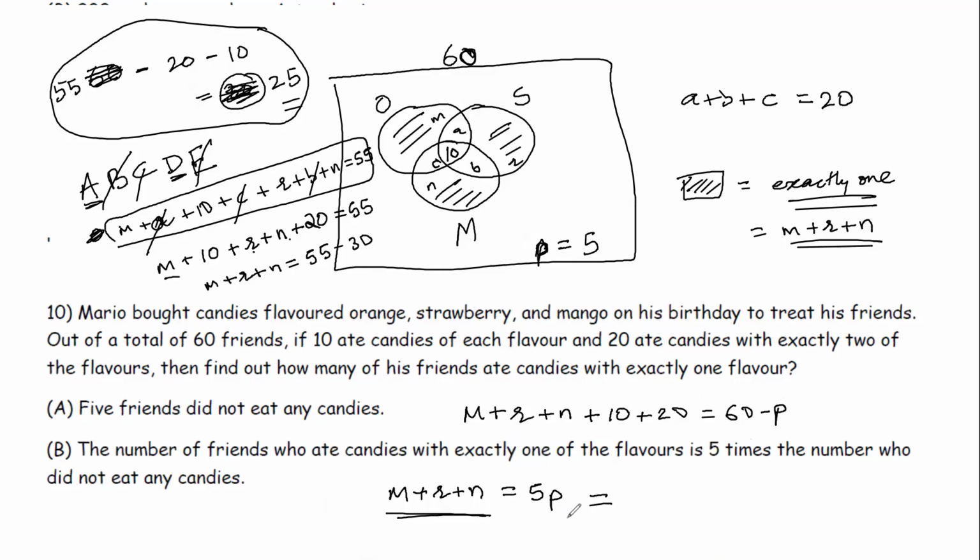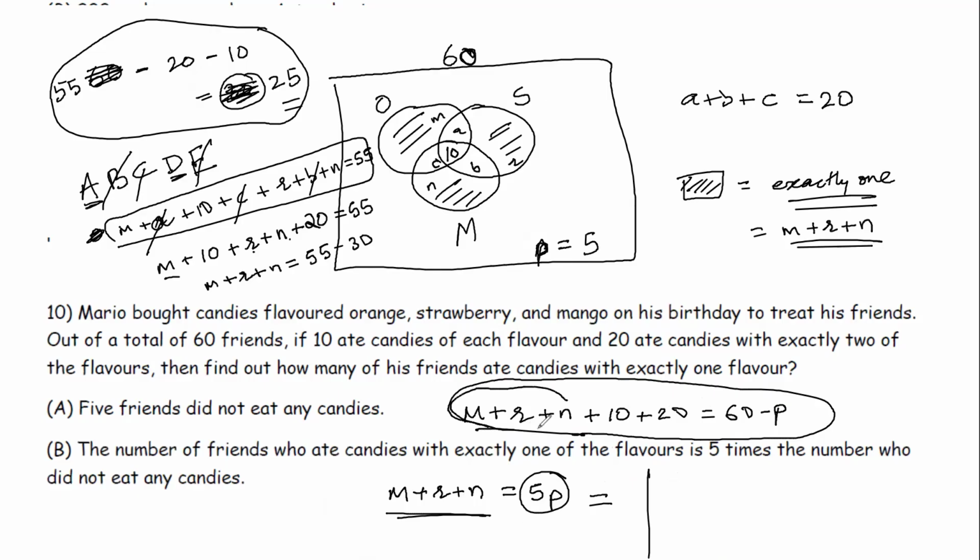What we know is M plus R plus N is 5P. So in place of this I'll put in 5P, plus 30 for 10 and 20, is equal to 60 minus P. So we get 6P is equal to 30, so P is equal to 5.